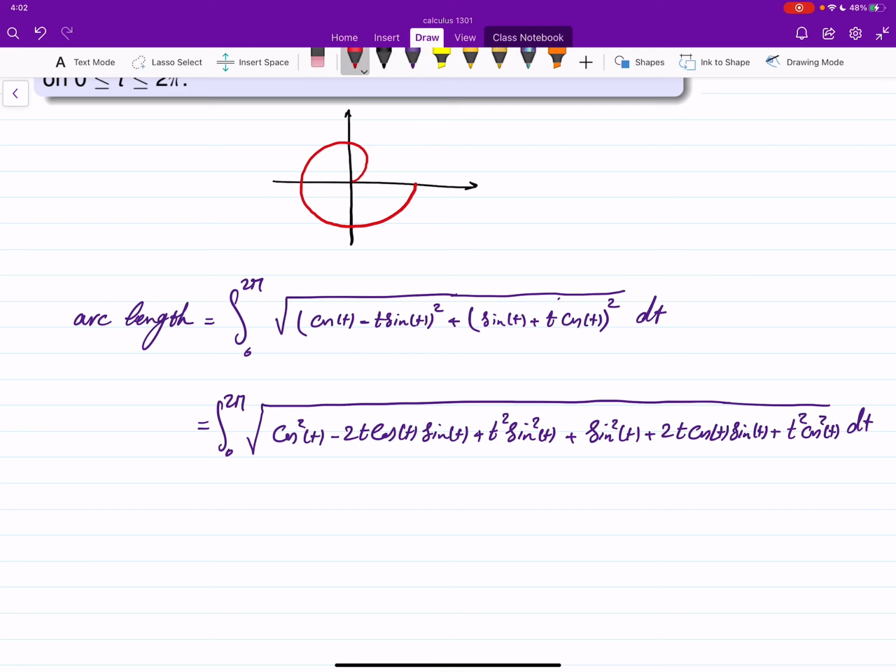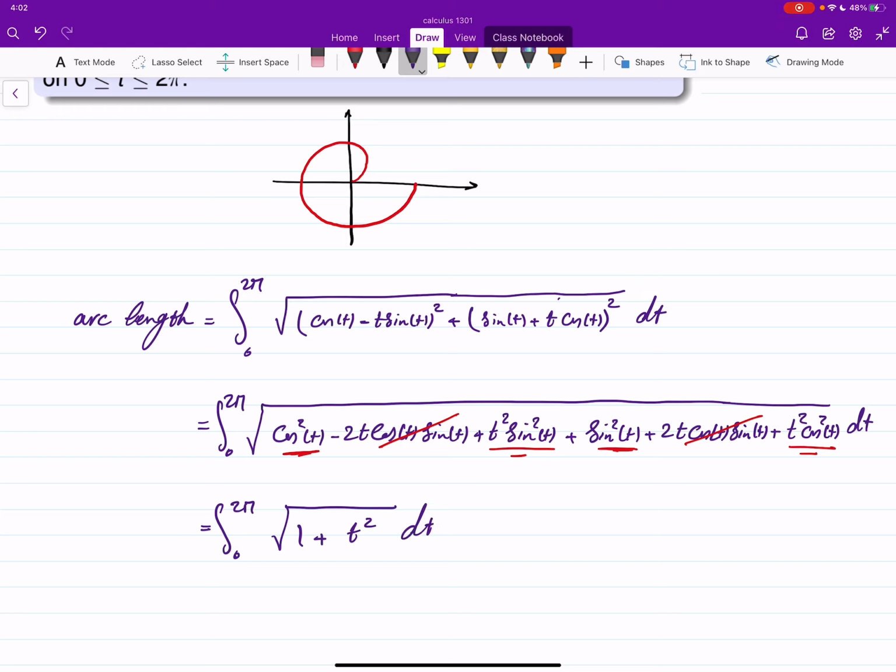One thing nice is that this cancels with that, and then if you take cosine squared plus sine squared, you get 1 there. So the integral from 0 to 2 pi of the square root of 1 plus, you see there's t squared times sine squared, t squared times cosine squared. That will give me just t squared.